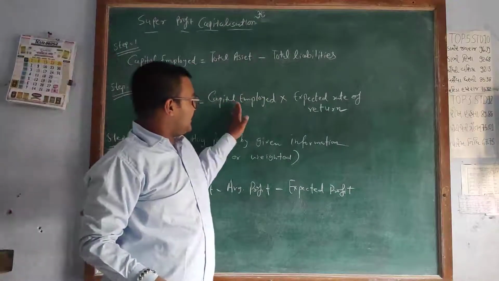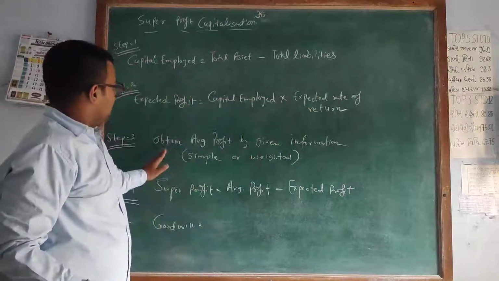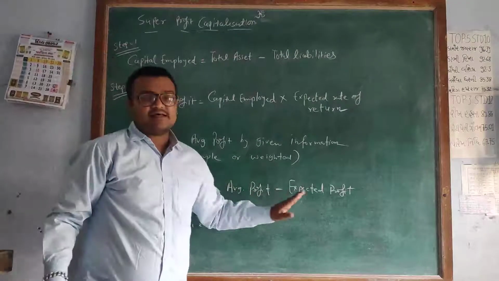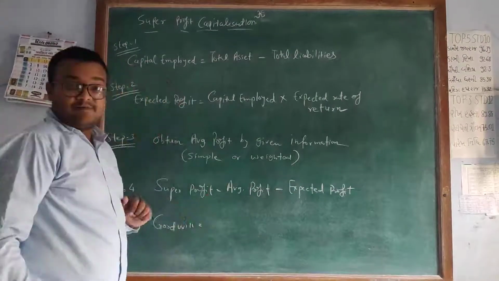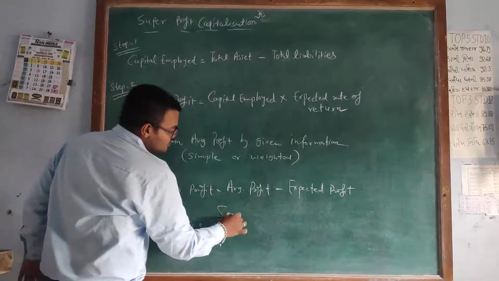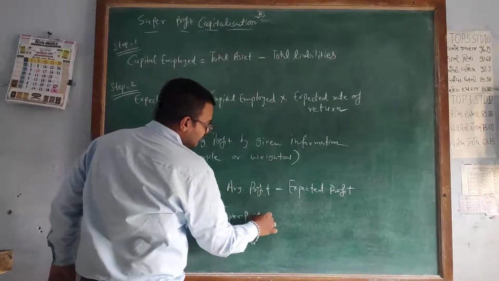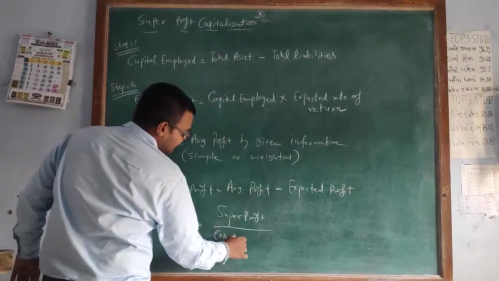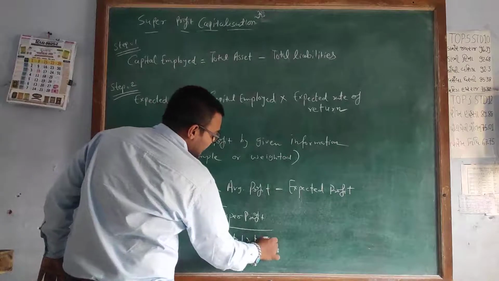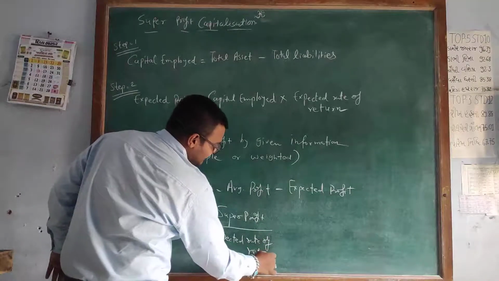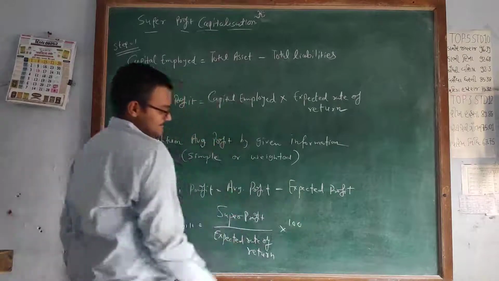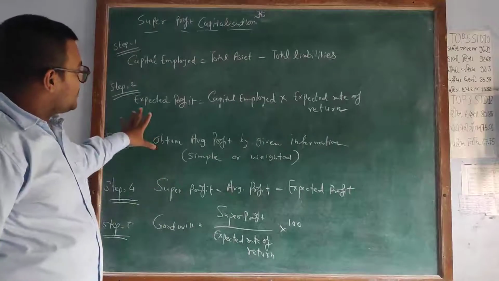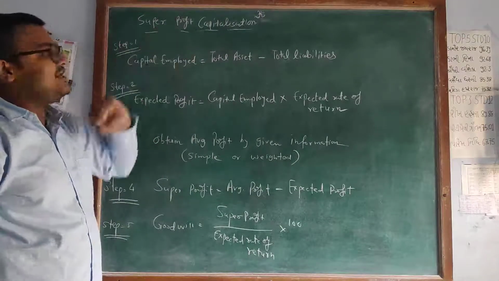Expected profit, capital employed into expected rate of return. Average profit, simple, weighted, whatever the method will be. Super profit, average profit minus expected profit. Now goodwill. Goodwill is equal to super profit upon expected rate of return into 100. That will be our final step for this method. So that is the super profit capitalization method.